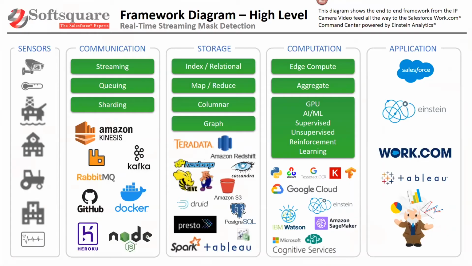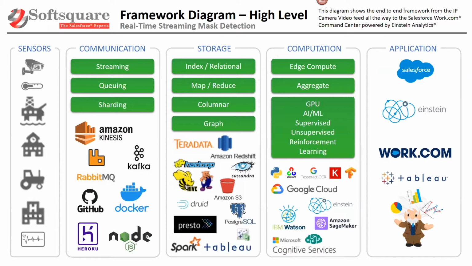So today's webinar on Tableau Web Data Connector complements our previous webinar on real-time streaming data for mask detection. Now let's see how the Tableau Web Data Connector fits into this architecture. This architecture was designed for real-time streaming mask detection.